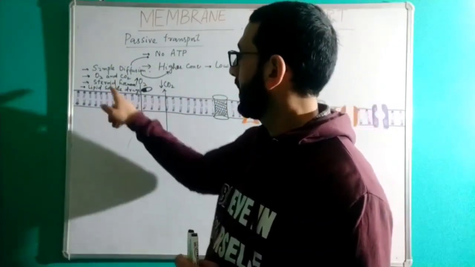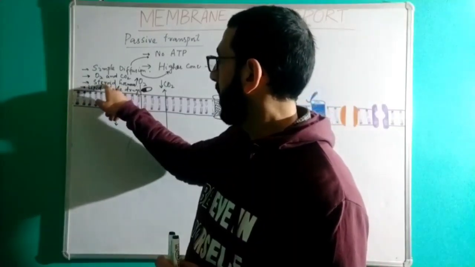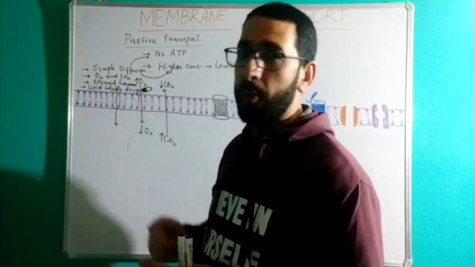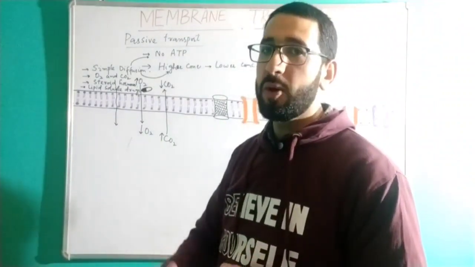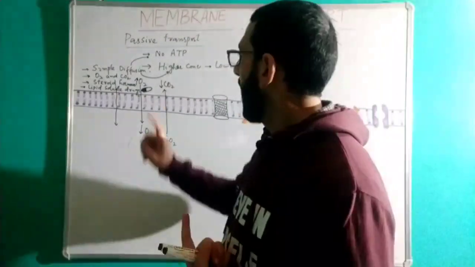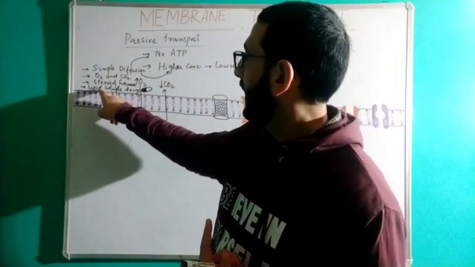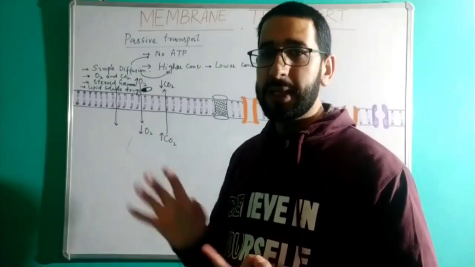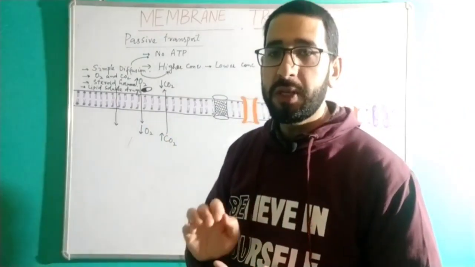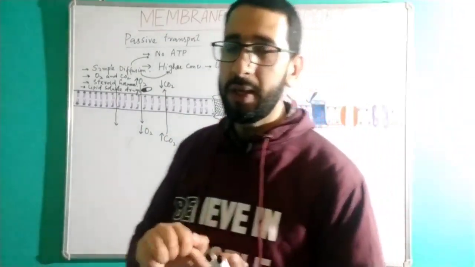Then the second thing transported is steroid hormones, for example aldosterone, testosterone, and cortisol. And the third thing is lipid soluble drugs. So all these substances are transported by means of simple diffusion.